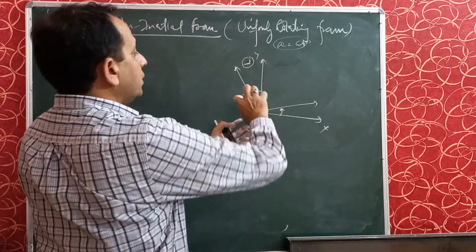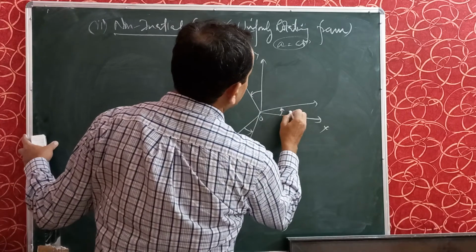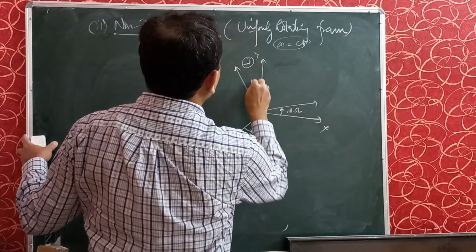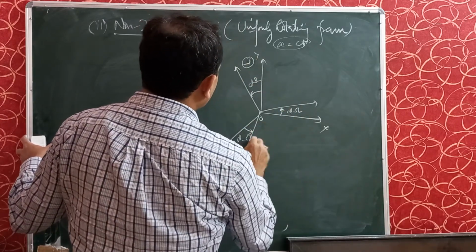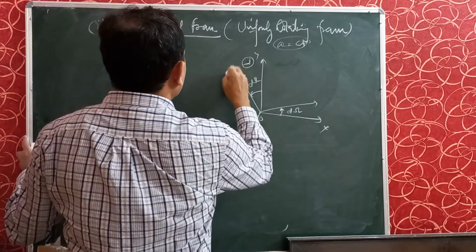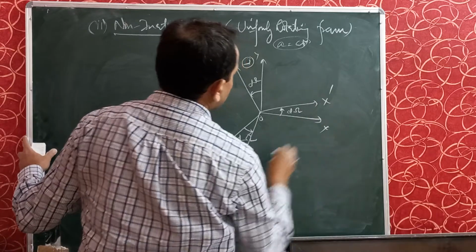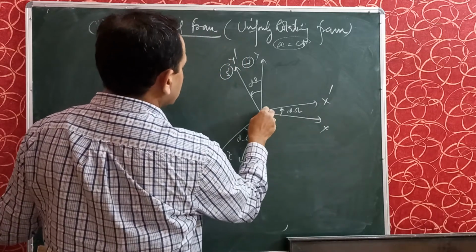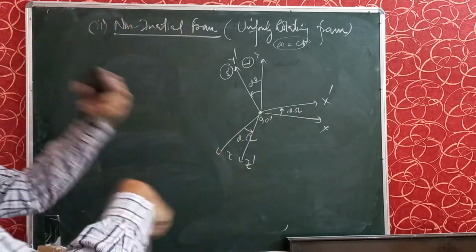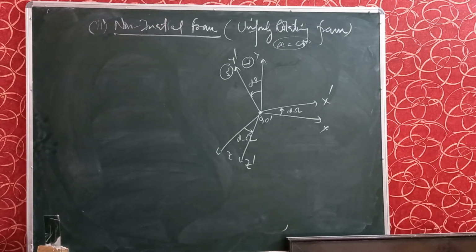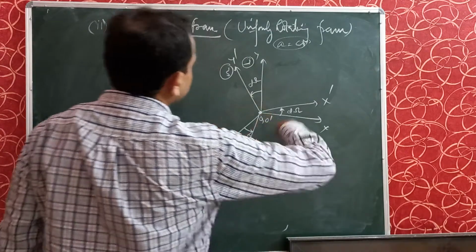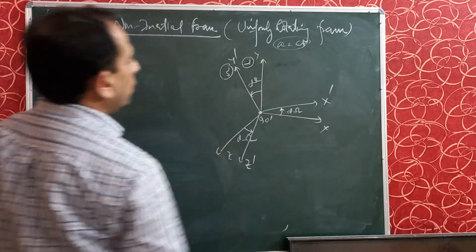It is tilted by some small angle, d omega. So, this frame is S dash with y dash, z dash, x dash, and O dash is also lying here because it is rotating about the point O. So, O and O dash coincide with each other. The second frame is the S dash frame, the first is the S frame.